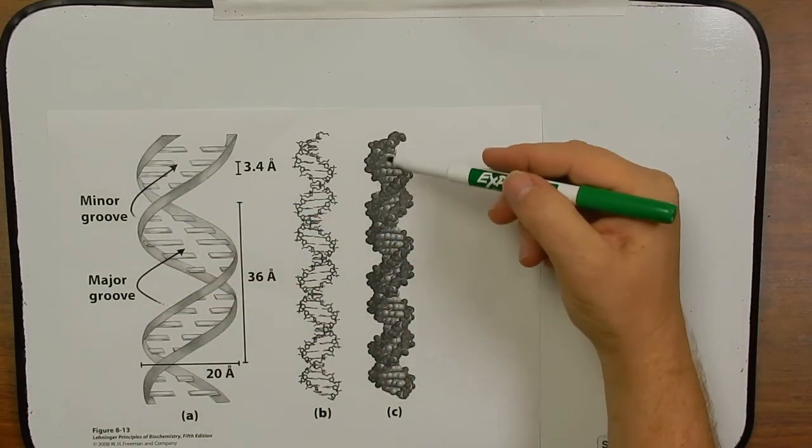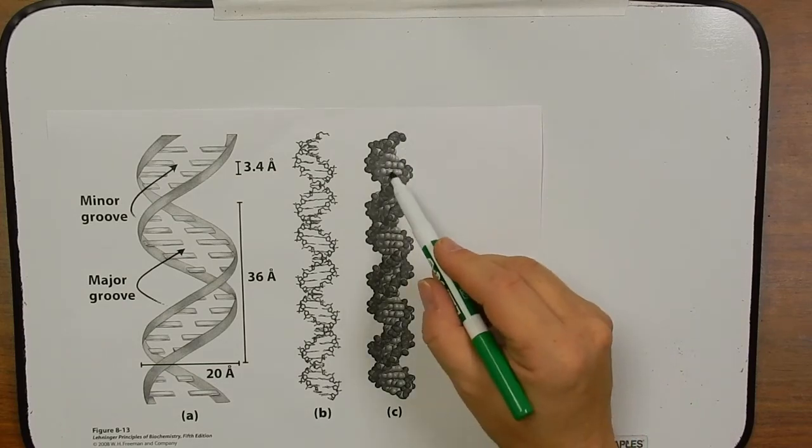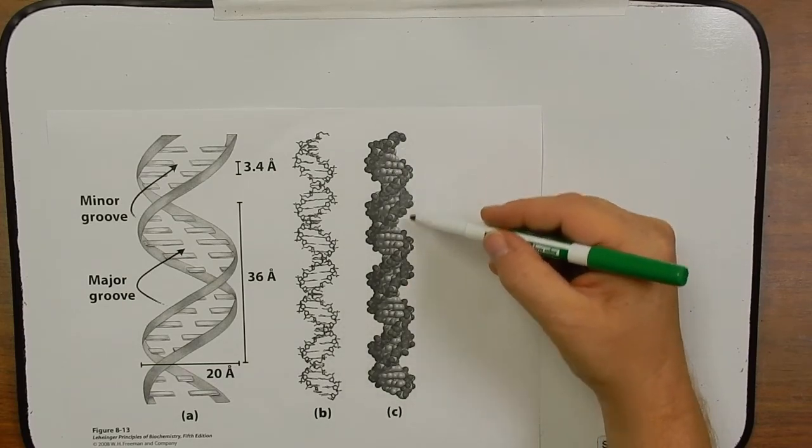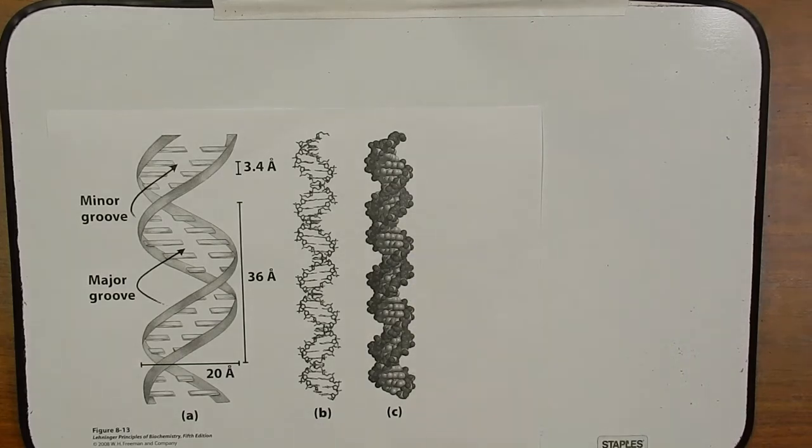Over here, if we look at this bead structure, you can see a major groove here where you see more of the lighter beads, and the minor, major, minor, major, minor, and then major. They always alternate. So why are they important? They're important because various proteins, be they transcription factors, histone proteins, or other DNA binding proteins, will often have two features to them.